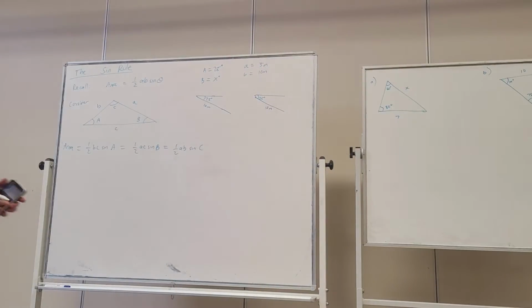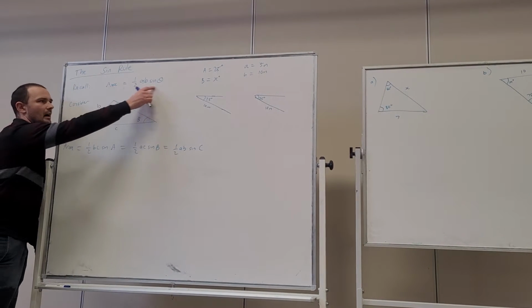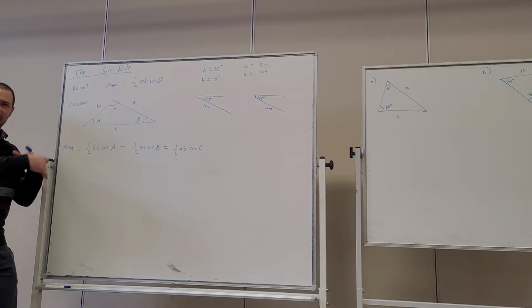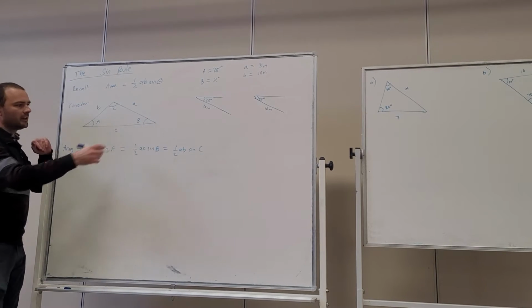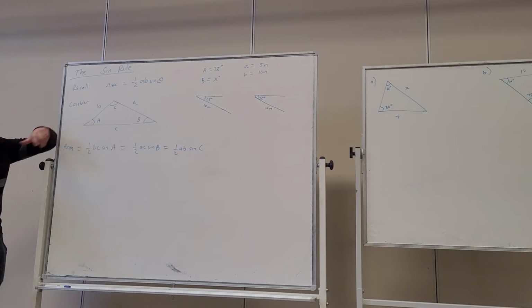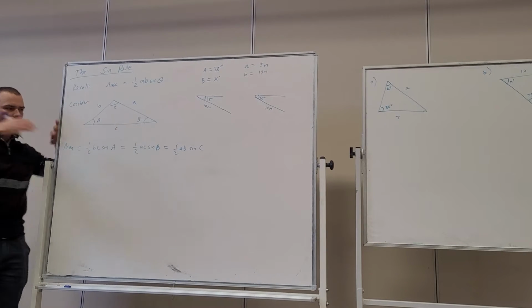We remember when we're calculating the area of a triangle, we can just write half ab sine theta, okay? But if I'm going to draw this triangle here, where angle A and side A are opposite one another, angle C and side C, angle B and side B, they're all opposite one another.